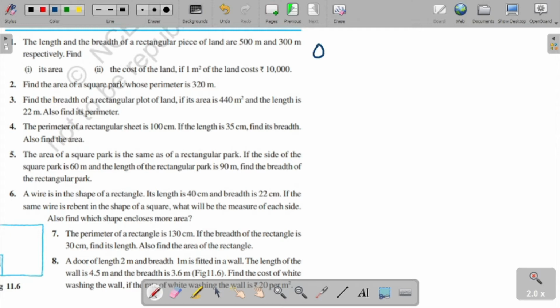In question number 3, this is question number 3. Find the breadth of the rectangular plot. This is a rectangular plot. Area is given as 440, that is, the area of the rectangular plot is given to you as 440.